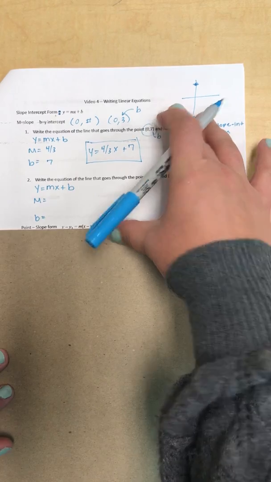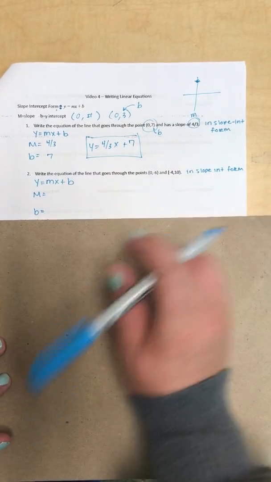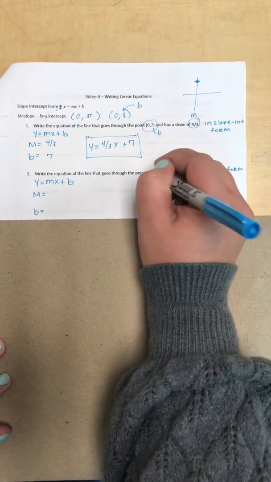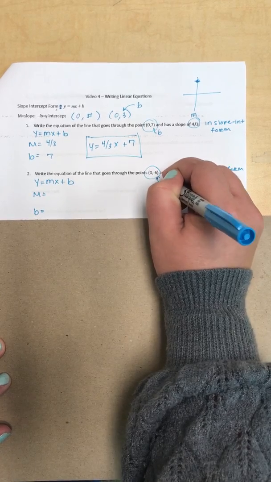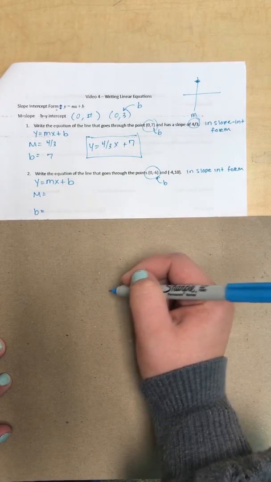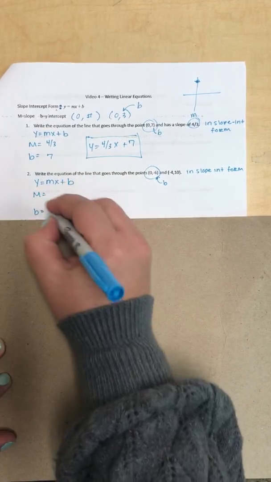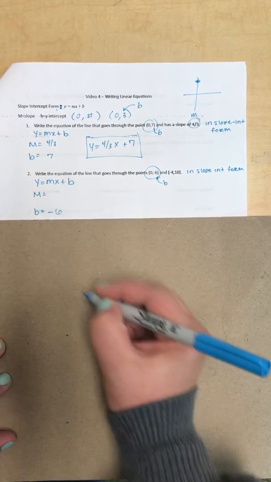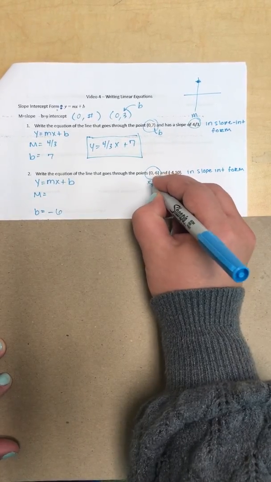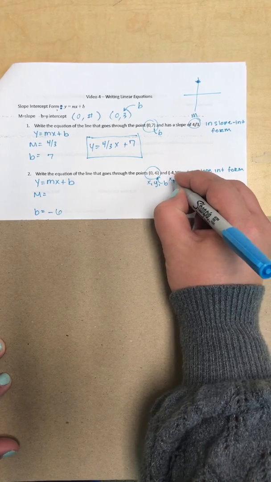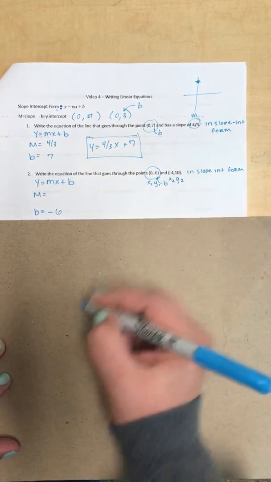All right, write the equation of the line that goes through the points (0, -6) and (-4, 10). Well, we have (0, some number), so there's our b value. Then we have 2 points, so we don't know our slope. We just know that b is -6 in this case. But in the last video we learned how to find slope from 2 points.